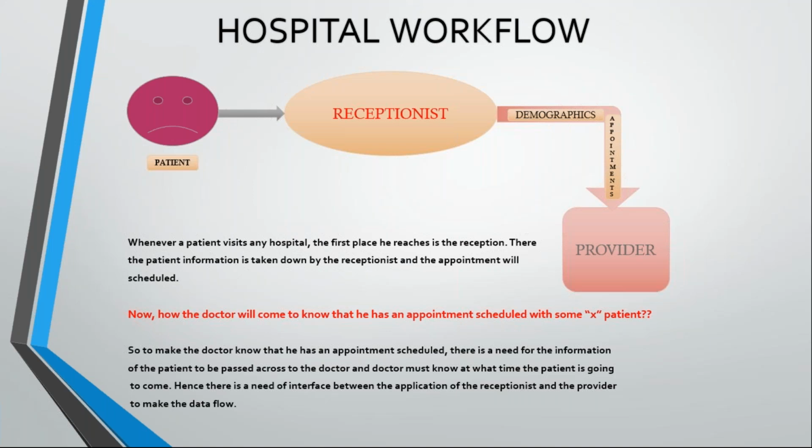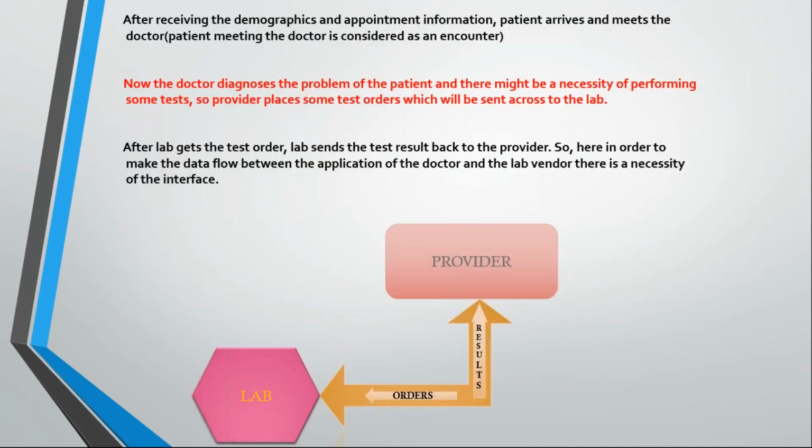Once the patient visits the doctor, the doctor will assess the patient to see what exactly is the problem the patient is facing. The doctor will take a call by looking at the patient and doing small observations like blood pressure or sugar, whatever protocol they follow, to diagnose what kind of problem the patient is facing.